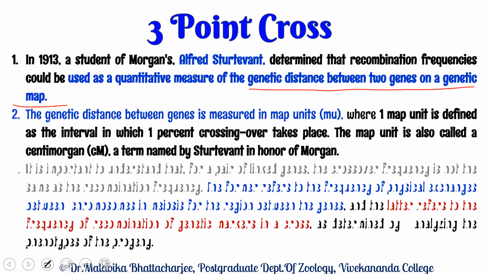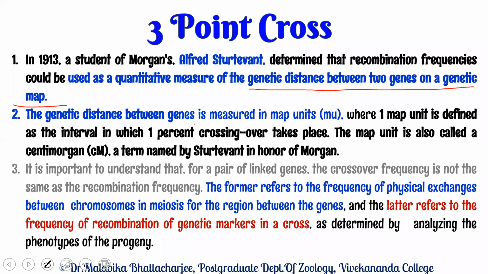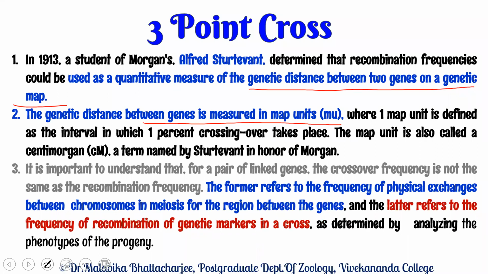The genetic distance is measured in map units, where one map unit is defined as the interval in which 1% crossing over takes place. So 1% crossing over is equivalent to 1 map unit distance between the 2 genes.